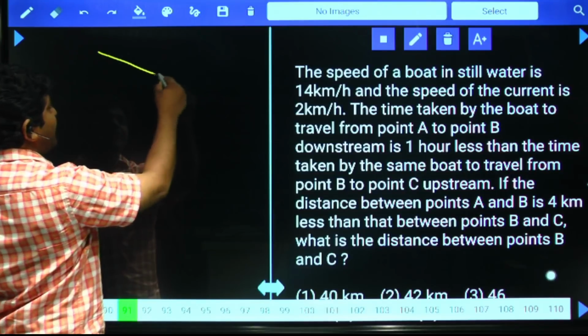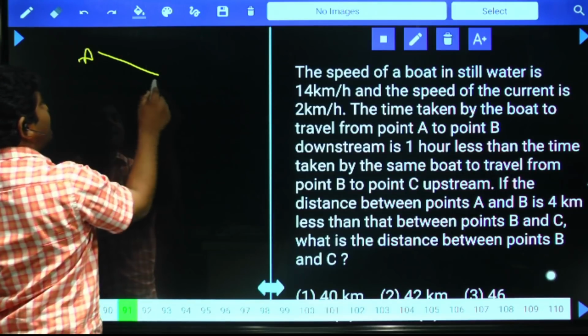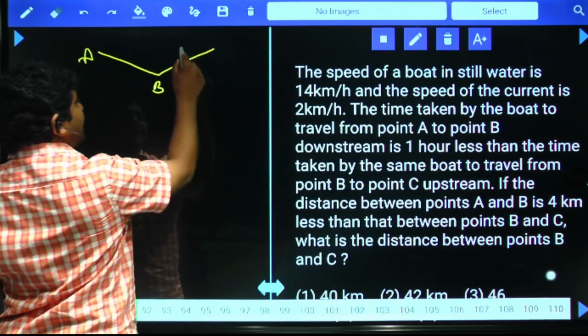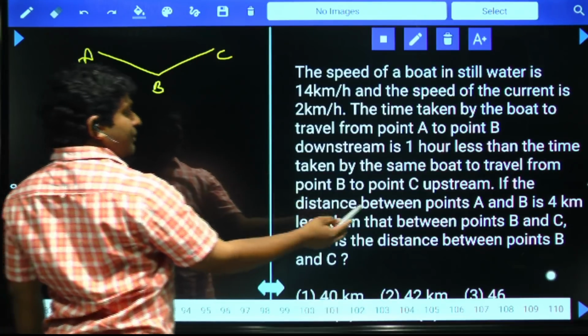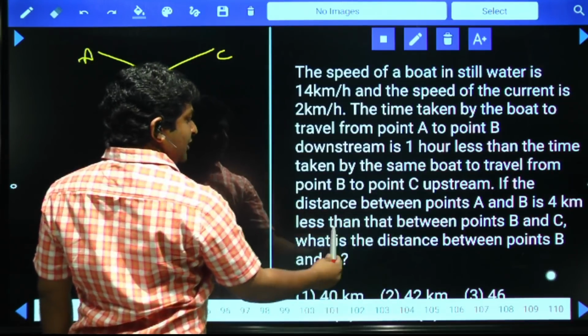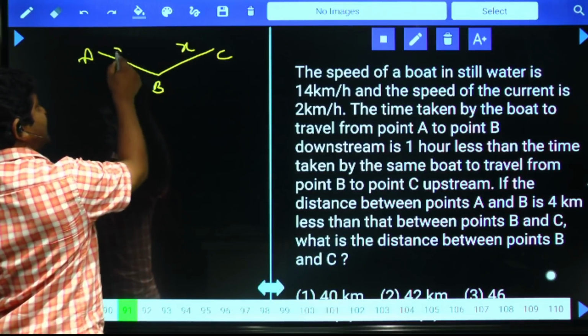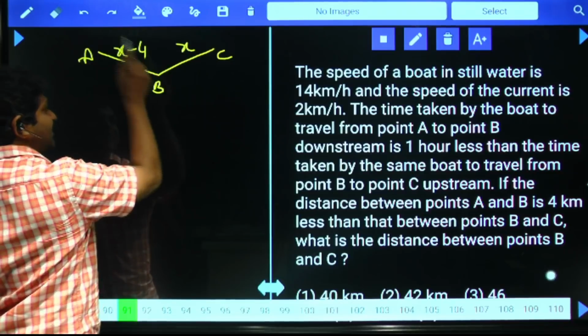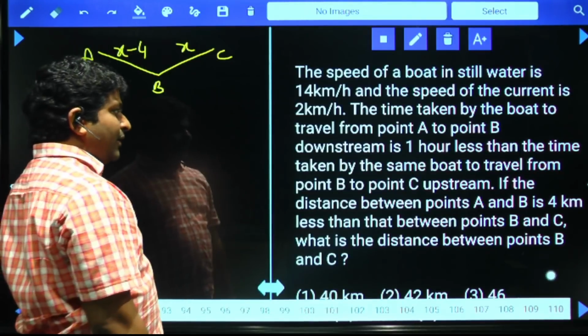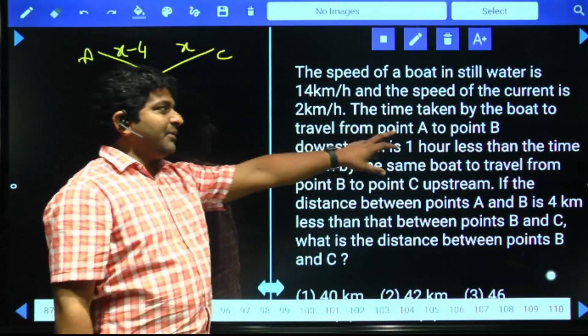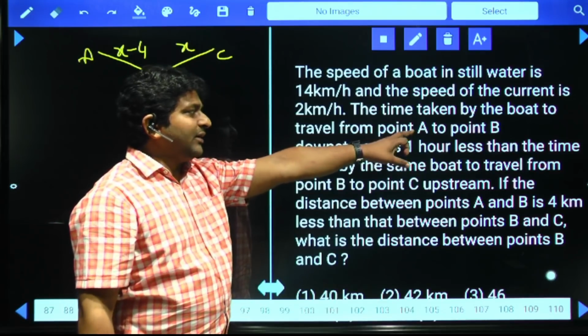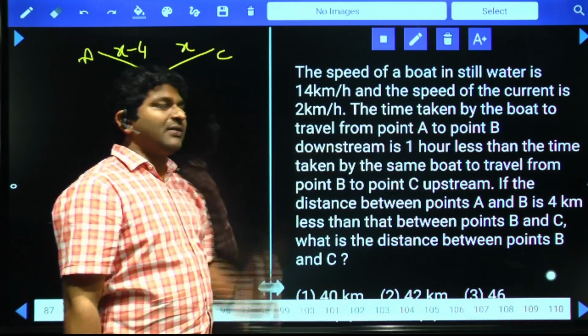Now, AB downstream and then BC upstream. Distance from A to B is 4 kilometers less than B to C. If this is x, this is 4 kilometers less than that. Your information says time taken by the boat to cover distance from A to B is 1 hour less.